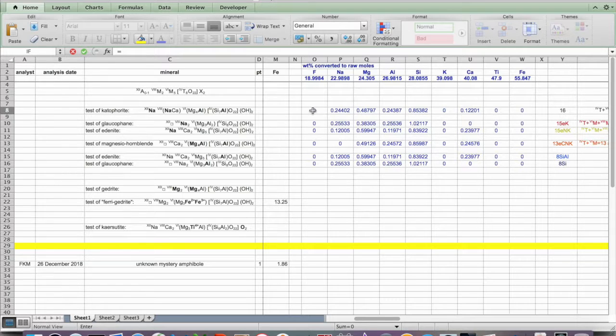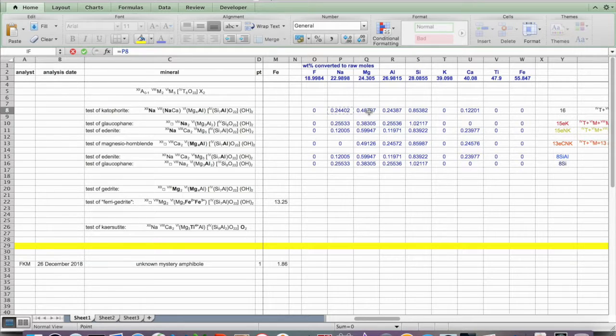So do we add fluorine? No, we do not, because fluorine is not a cation. Okay, fluorine doesn't go in any of those sites. Fluorine is going to go into this site. So we don't include fluorine. How about sodium? Well, sodium definitely goes into one of these 16 different cation positions, and so we would include sodium.